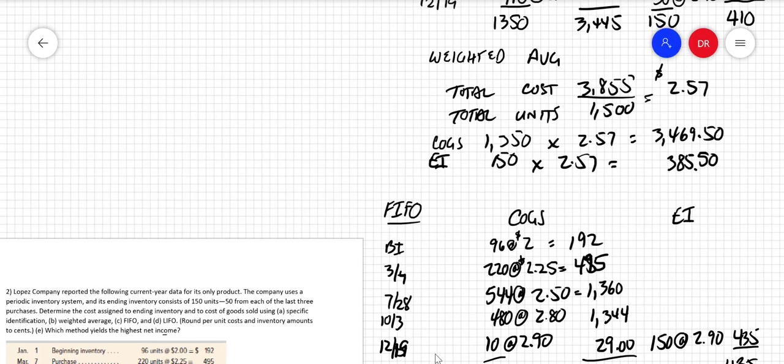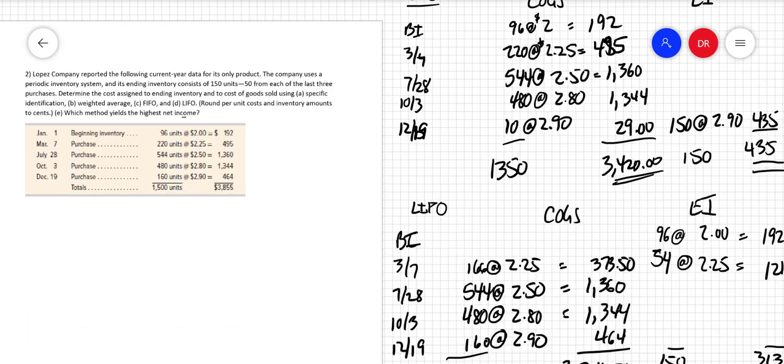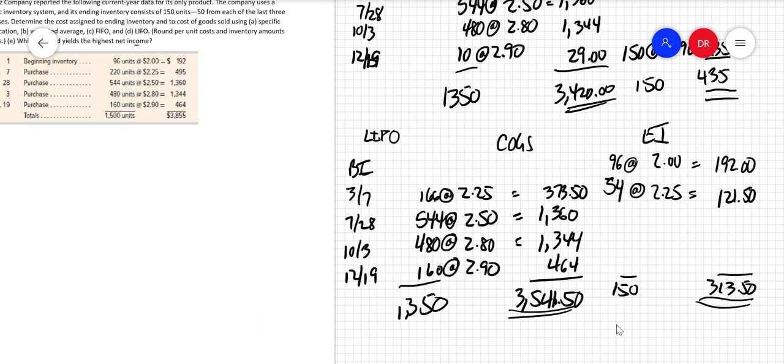The weighted average method just splits the difference between the two. It comes in right in between. See, 3,469 for cost of goods sold is right between 3,420 and 3,541. So that really is calculating ending inventory cost and cost of goods sold.